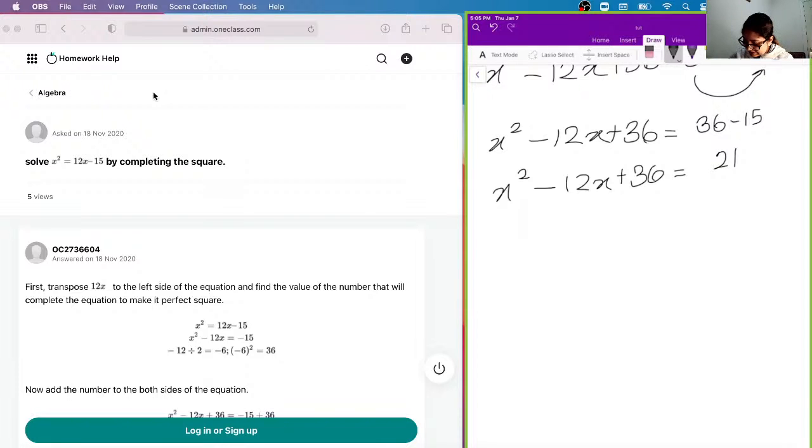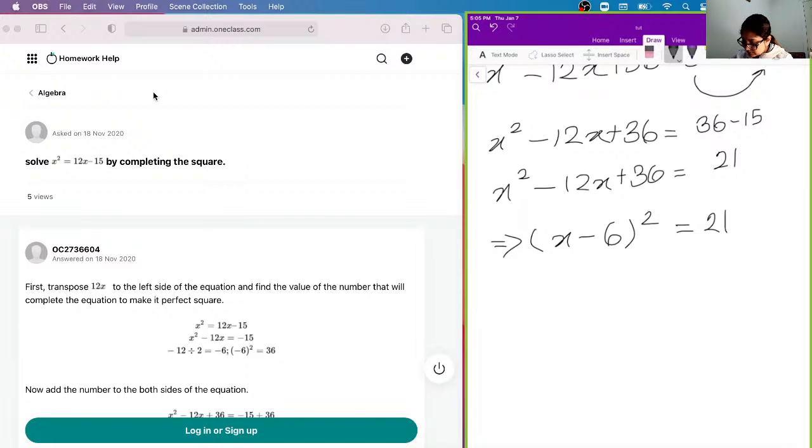So we can say that x squared minus 12x plus 36 resembles x minus 6 squared, and this is equal to 21.